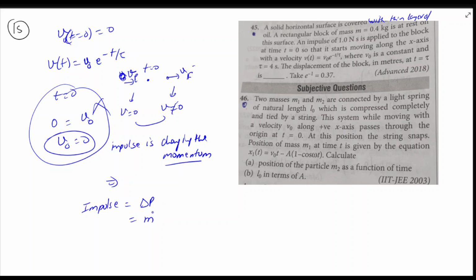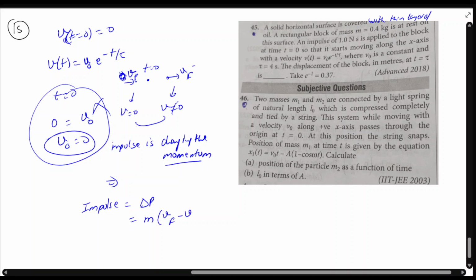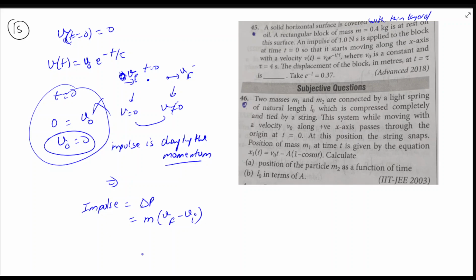So we write impulse delta p as m times v final minus v initial. And after the impulse, the velocity changes like this.